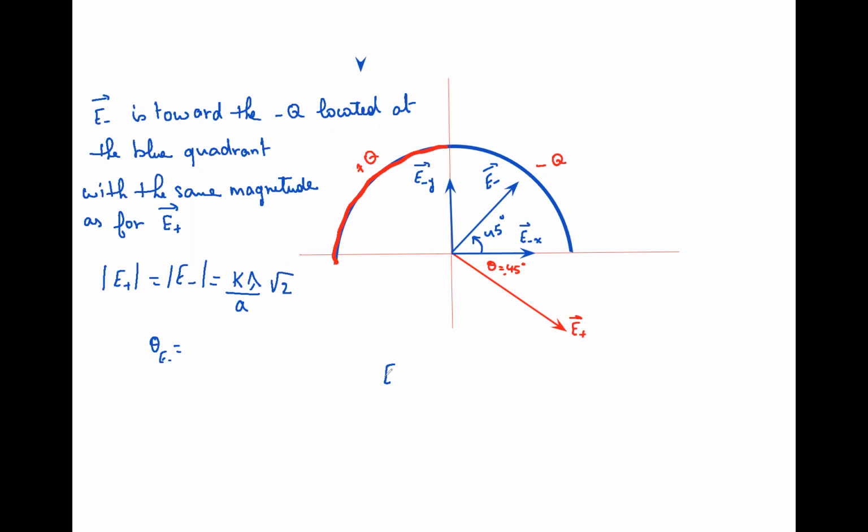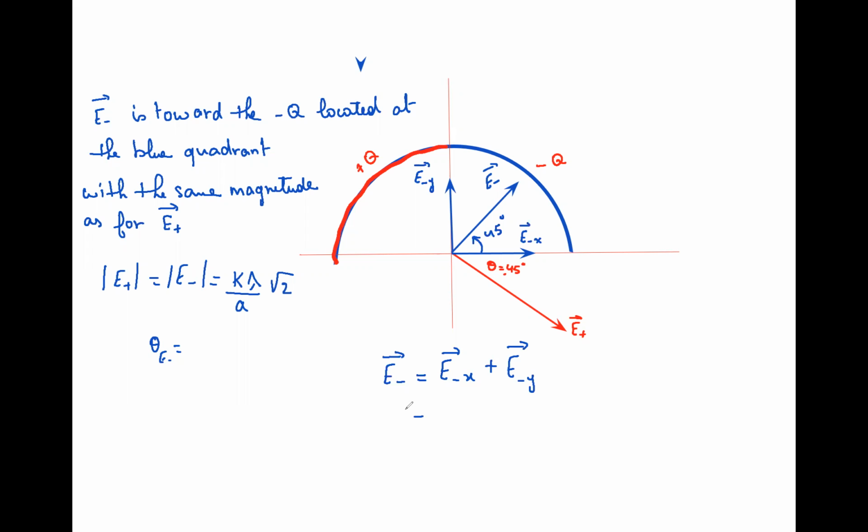So as magnitude or R vector, E minus equal E minus x plus E minus y.